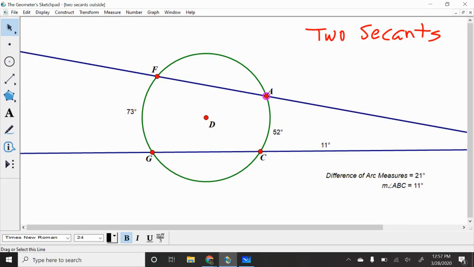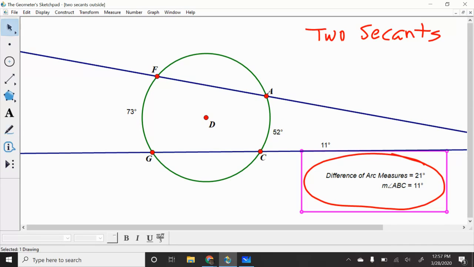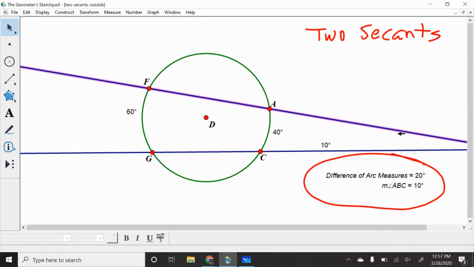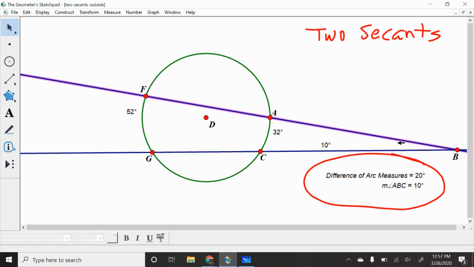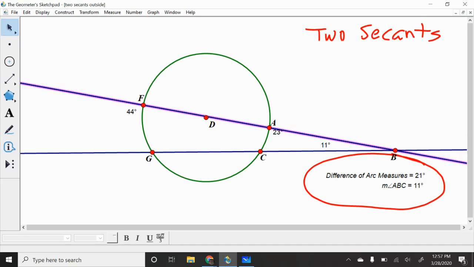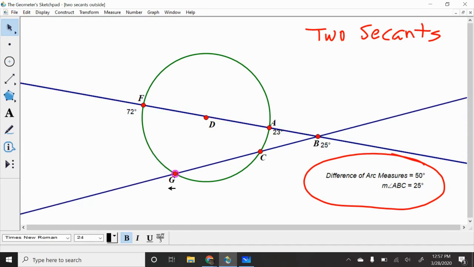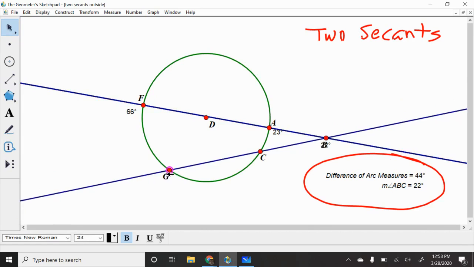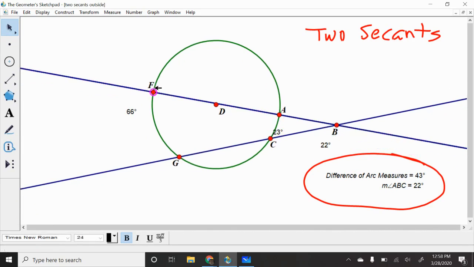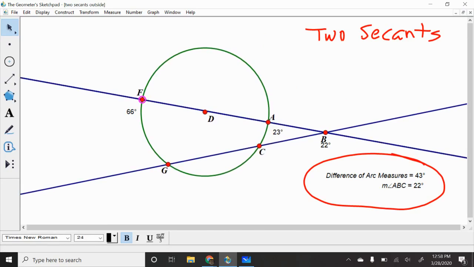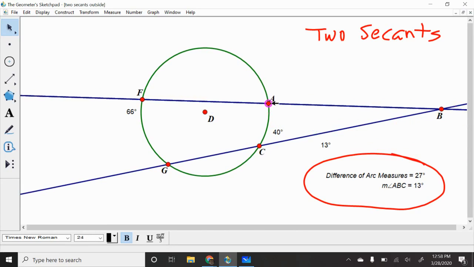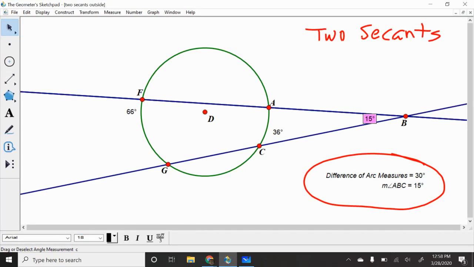If you watch this right here, you'll see that no matter where I go, the situation stays the same. Here's another situation: 66 minus 36 divided by 2 is 15.